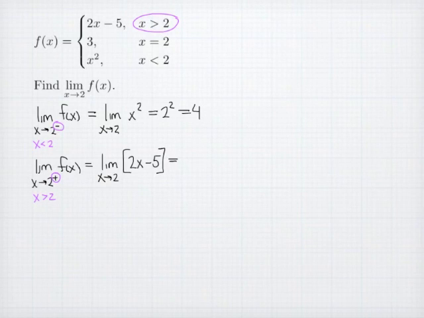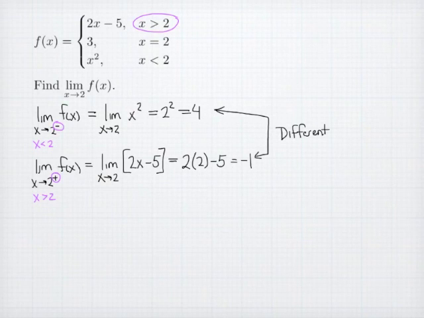Again, this is a continuous function. We can just plug in our values and we get 2 times 2 minus 5 equals -1. The limit on the left and the limit on the right disagree. Because they disagree, we say that the limit of our function does not exist.